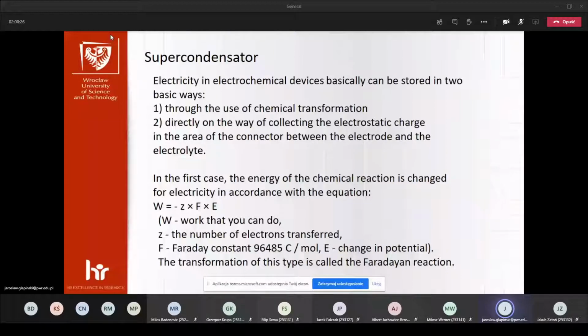So in the last years, we are going towards joining many things. They thought, what happens if we join the capacitor with the electrolyte accumulator? And this caused the supercapacitor to appear on the market. The supercapacitor joined, as I said, two properties.